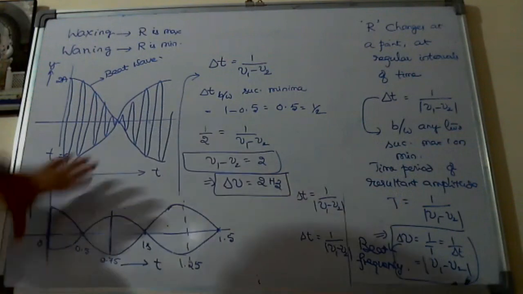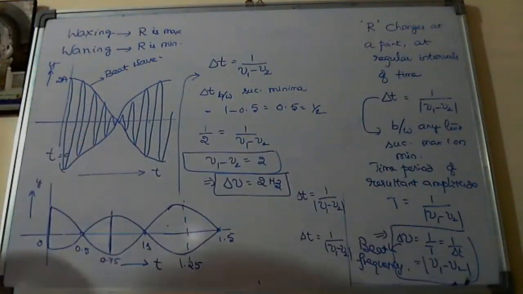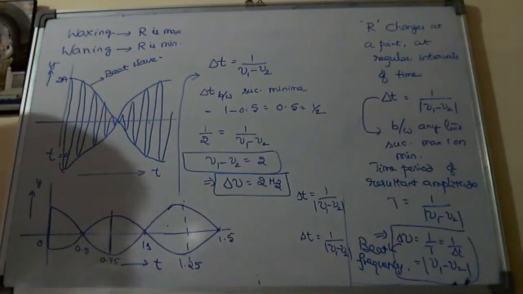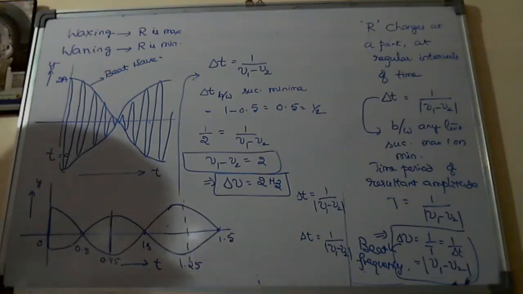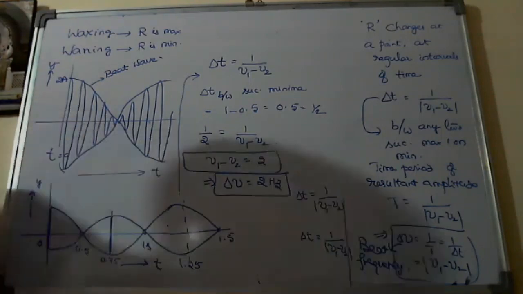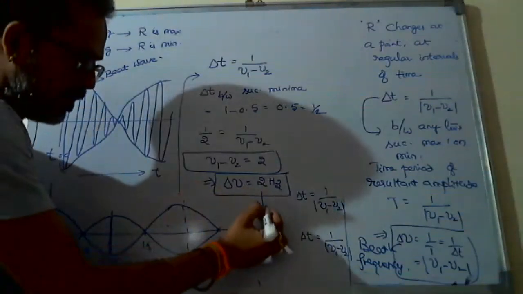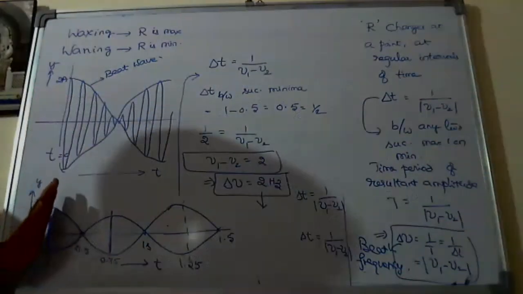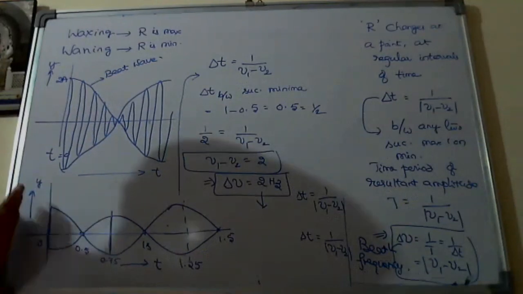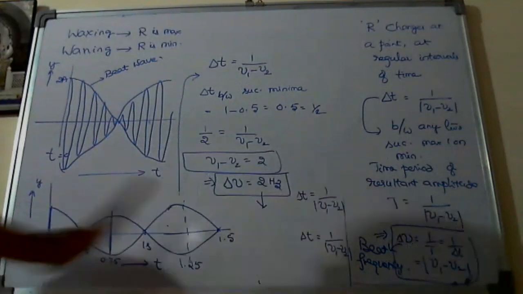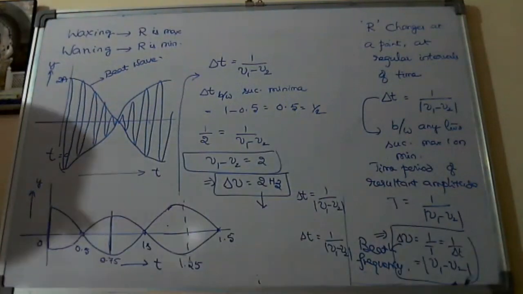And suppose in this beat wave, they ask how many maxima and minima you observe in 1 second. Two, sir. Very good. The initial one we should not include; from here afterwards, we have to count how many are formed.